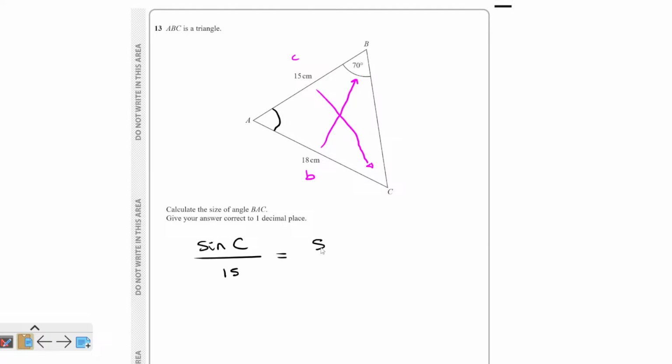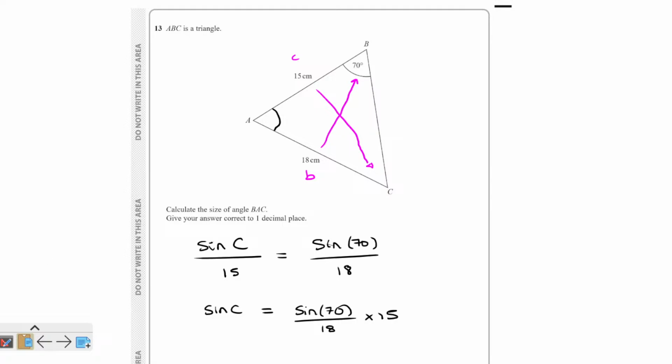And that would equal sine of the angle B, which I know is 70, over the side B, which is 18. And then, because I just want the angle C, I need to move the 15, don't I? So I just multiply by 15. That's like a normal equation. So in my calculator, I can put sine 70 over 18 multiplied by 15.